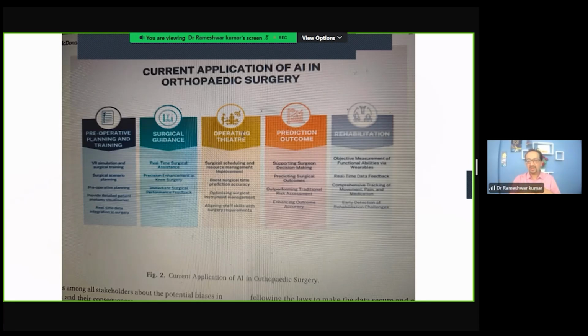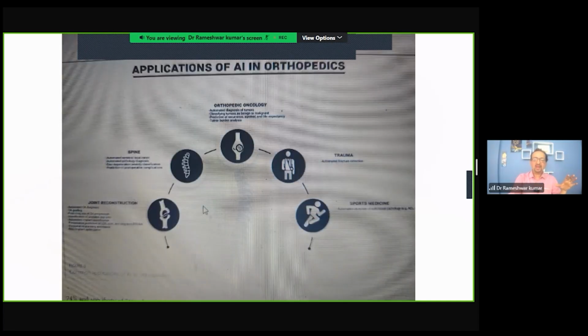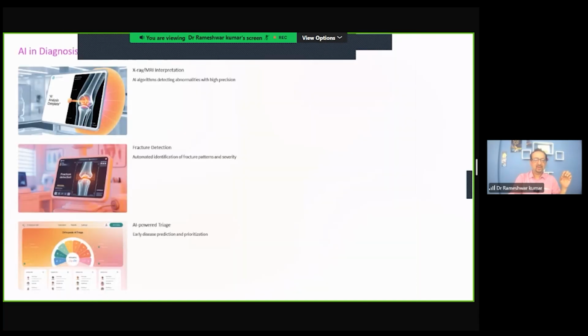Even in rehabilitation, AI has been used, right from pre-operative planning, surgical guidance, operation theaters, predictive analysis to rehabilitation. And the application of AI in orthopedics is in every domain, right from trauma, sports medicine, orthopedic oncology, spine and joint replacement or joint reconstruction.